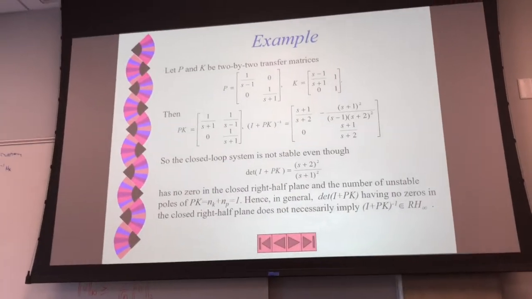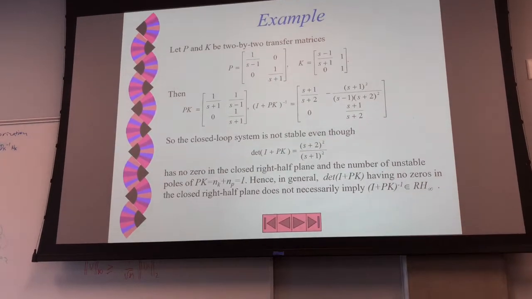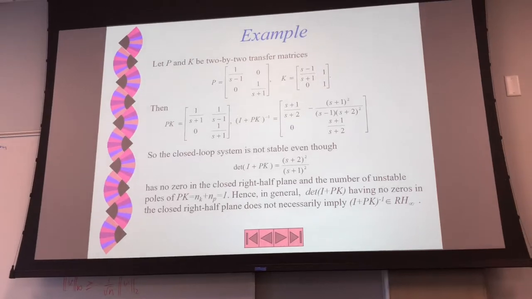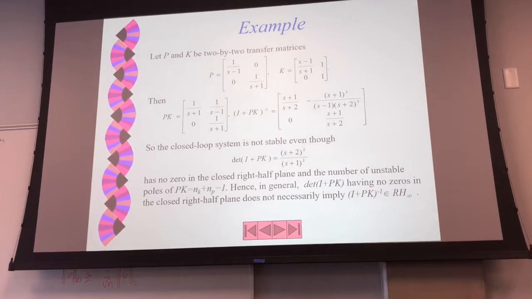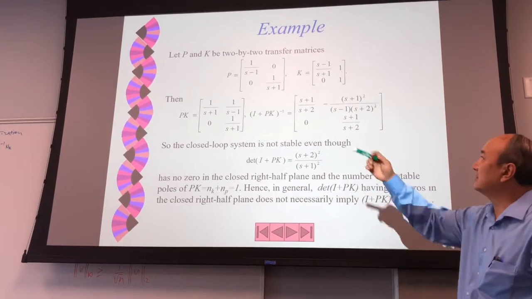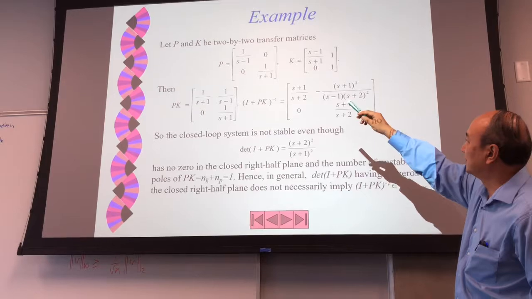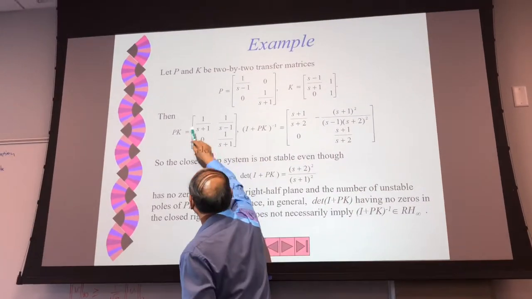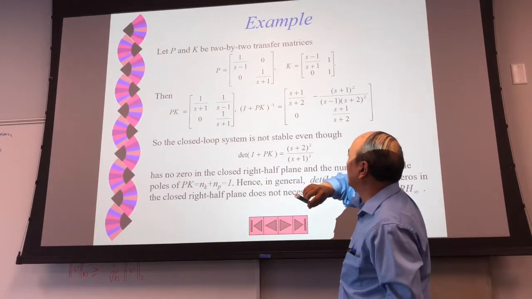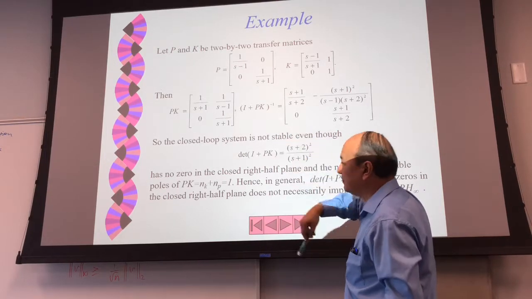We have seen this example. You have P, you have K, both are 2 by 2 matrices. Then PK will be like that, P times K. There are some cancellations; in the first one, there is a cancellation here. Then we know that I plus PK, you want to invert.